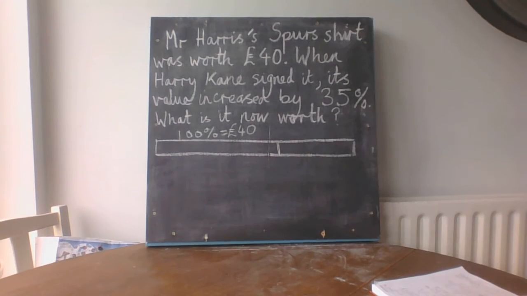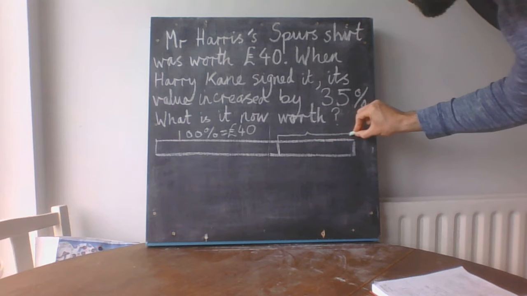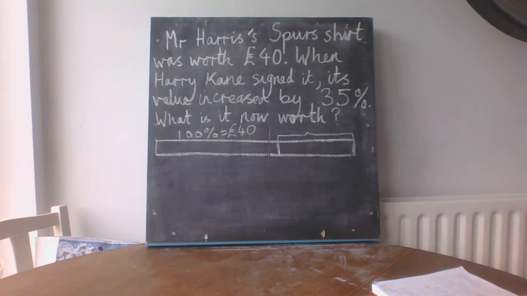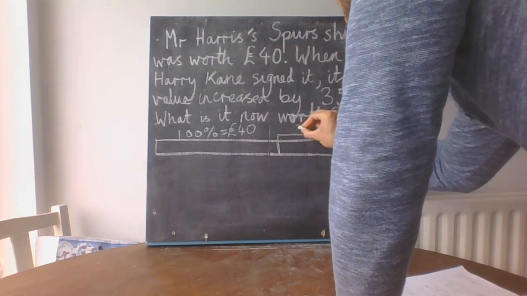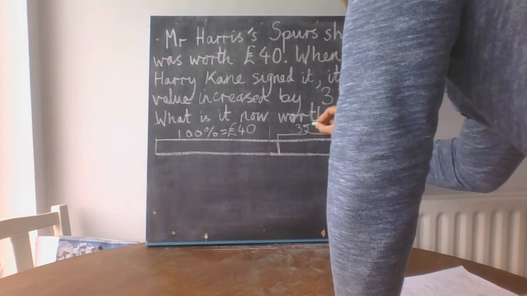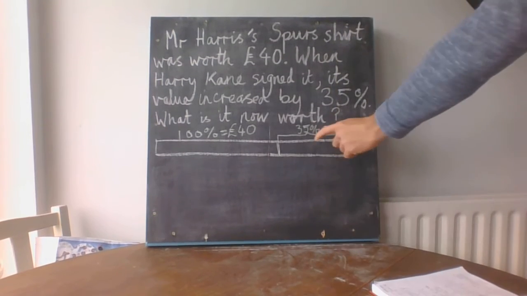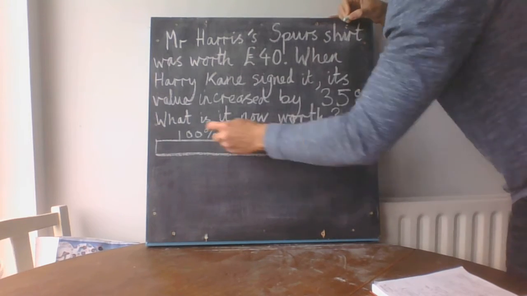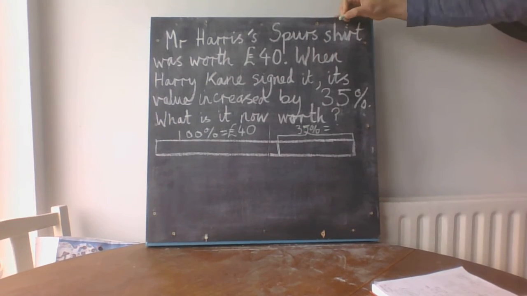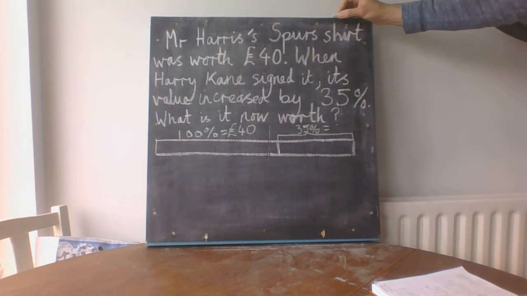And then here we have its percentage increase, how much it's gone up by, and that's 35%. We don't know what that is yet. But to find out what that 35% is worth, we've got to go back to the 100%, and we find the 35% of the 100%.